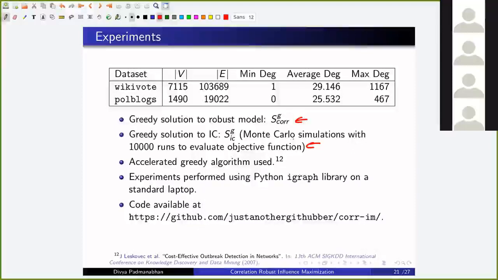There you need to do some sampling to evaluate the expectations, and we use the accelerated greedy algorithm to speed up these computations. Our code is available on this link, so please feel free to use it for any comparisons, or if it helps you.